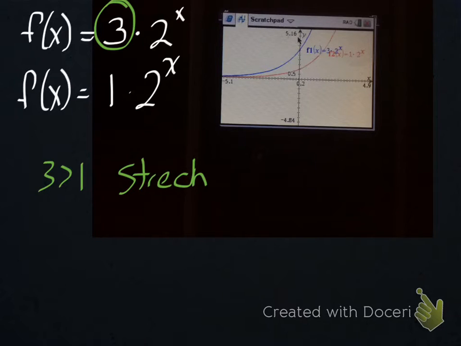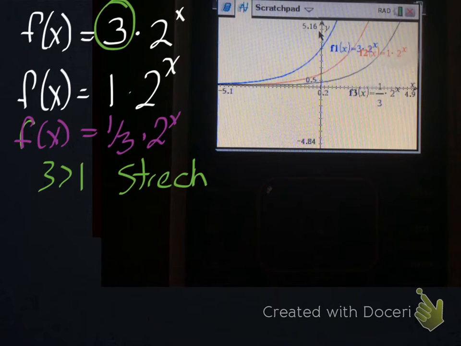Okay, what do you think is going to happen if I got you to graph f of x equals 1/3 times 2 to the x? Graph that in the third equation. The y-intercept is going to be at that 1/3 mark. So instead of stretching that out, we compressed it down.